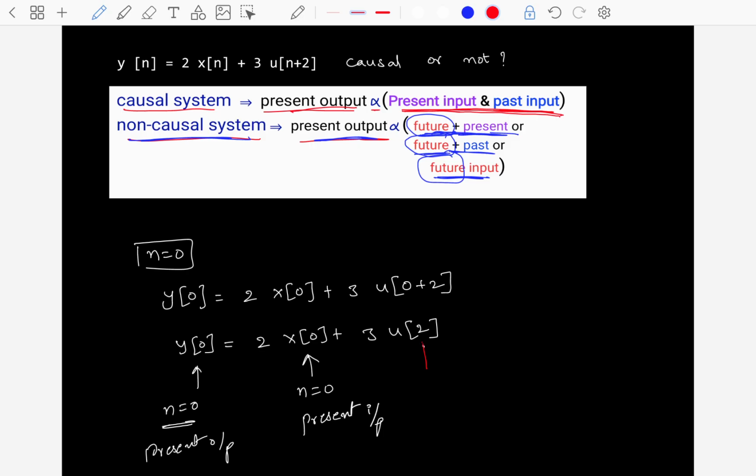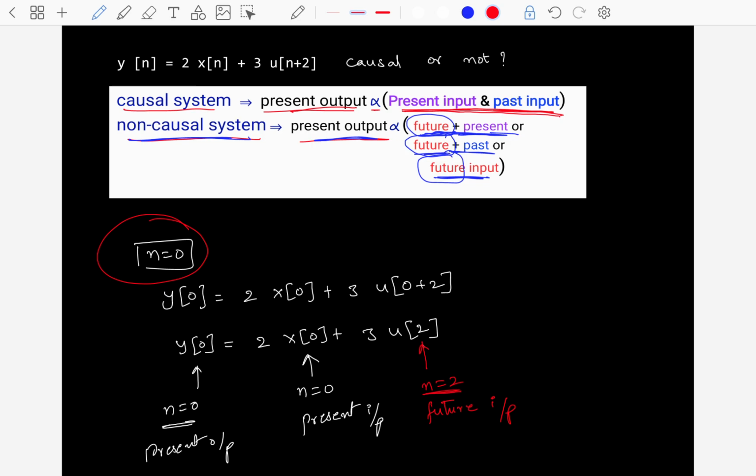By seeing this, we would conclude this as a future input, because we are checking at n is equal to 0 input, but we are getting input at n is equal to 2. So we would conclude this as a future input.